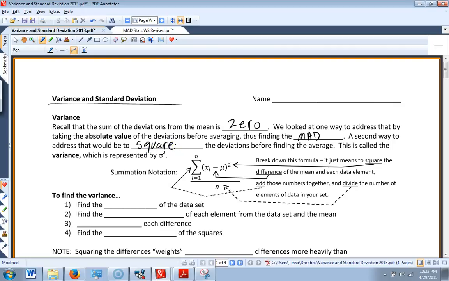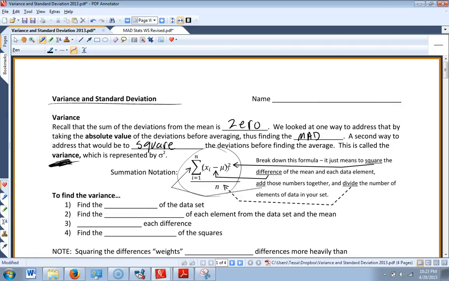square the deviations. We've seen that when we square things, no matter what the sign is originally, it always comes out positive. The only difference between this formula for variance, which is what we're looking at now, and the mean absolute deviation is that the deviation is squared instead of taking the absolute value of it.